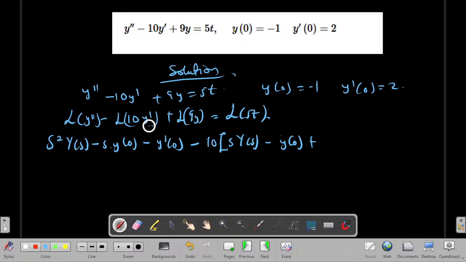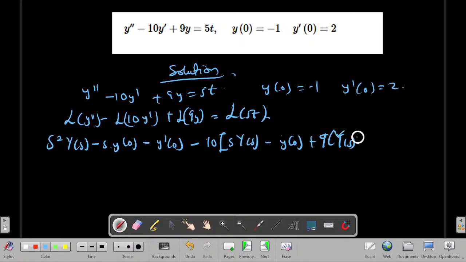We have the y prime prime, y prime, and the y, like a family. If you want to find the Laplace transform of 9y, remember 9 is just a constant. Push it out of the Laplace, we get Laplace of y. What is Laplace of y? You just make it a capital Y of s. That is all.